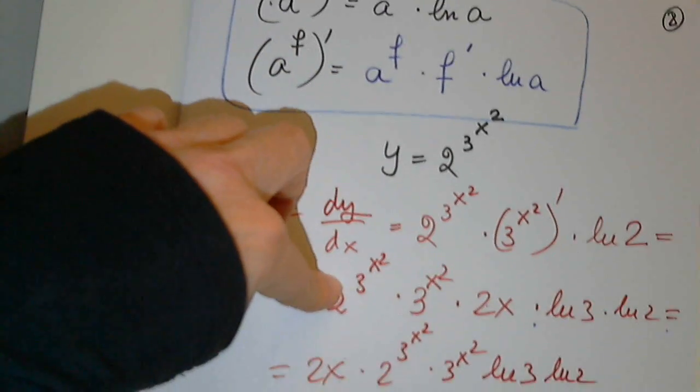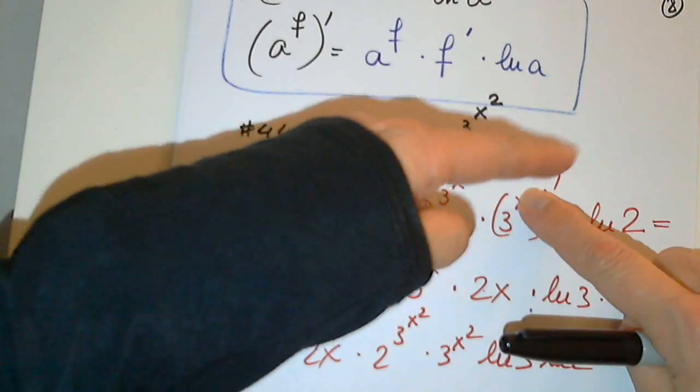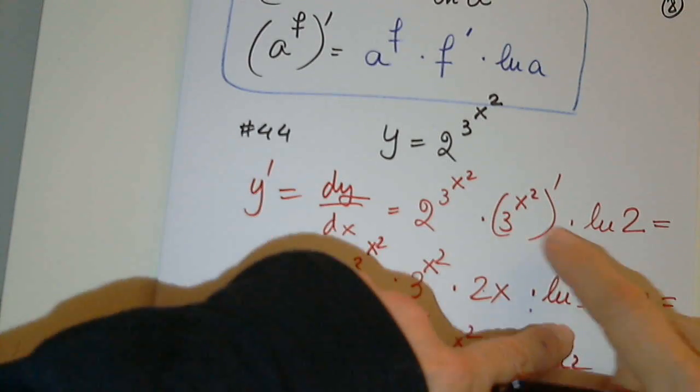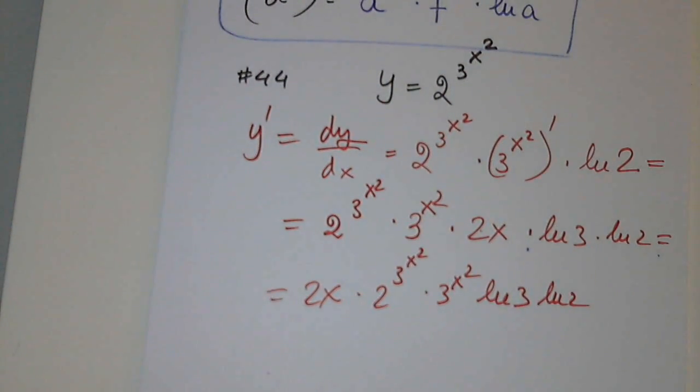I copy this. Now I apply the same formula again. 3 to a function prime, 3 to a function, times the function prime, times natural log 3, and I copy natural log 2. And I just rearrange it a little bit. It looks like gibberish, but it's really straightforward after you practice it a little bit.